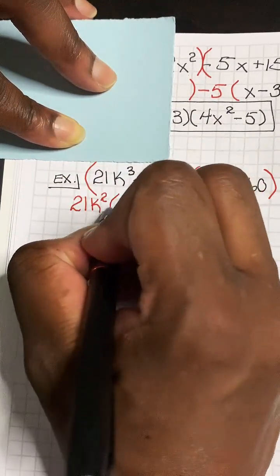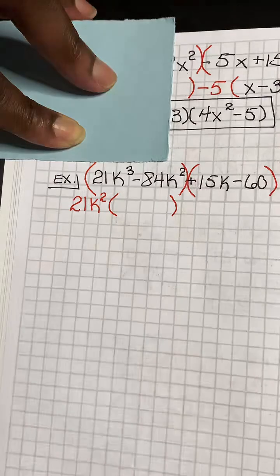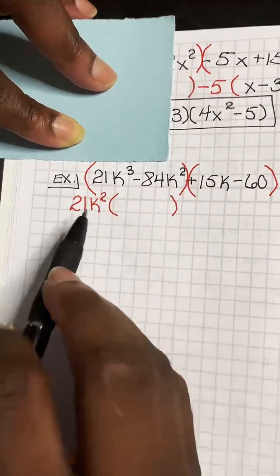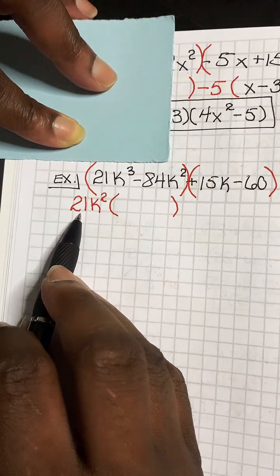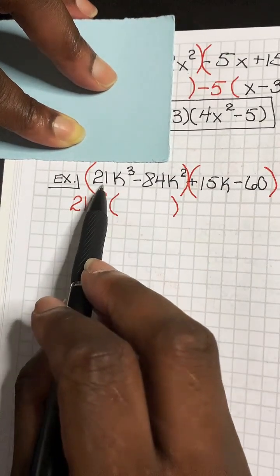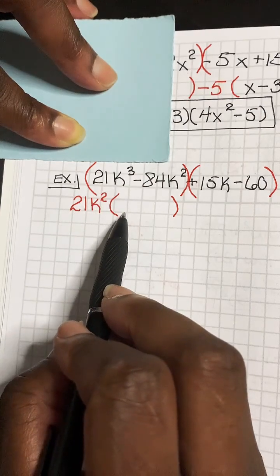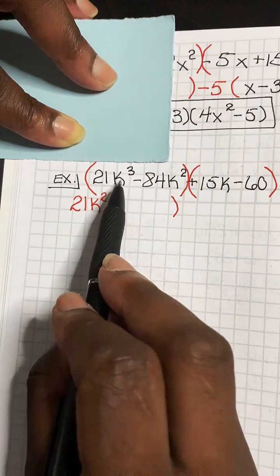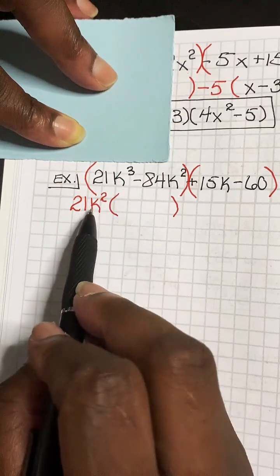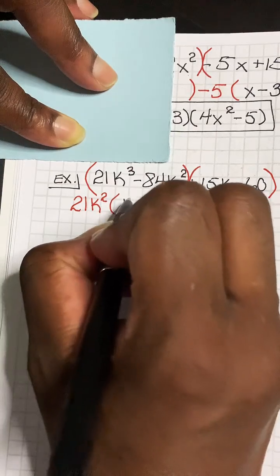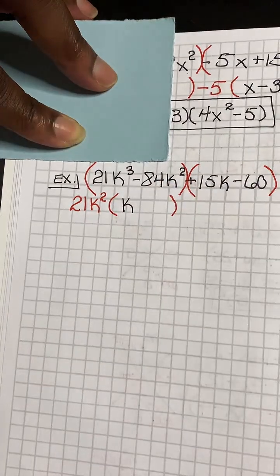So now we're going to divide the original by that GCF. So if I have 21 divided by 21, that gives me 1. If I have 3 k's and I take away 2 of them, that means I have 1 k left.